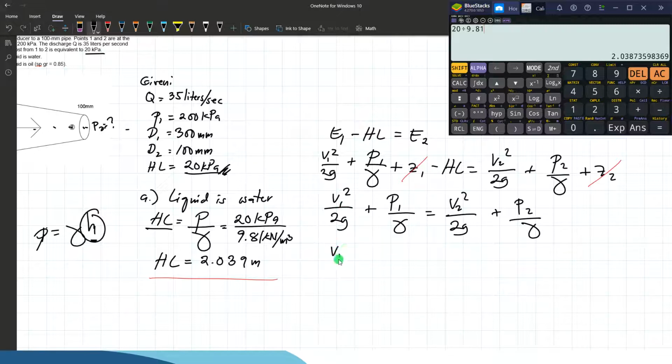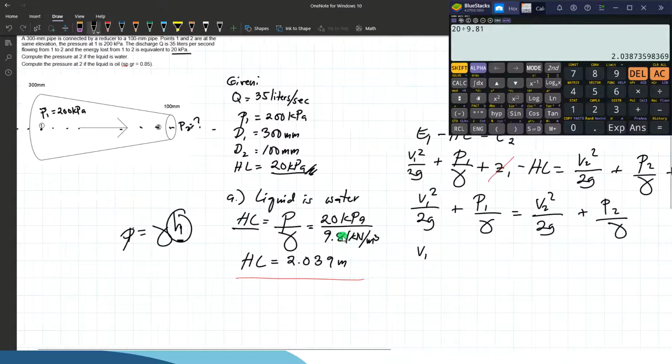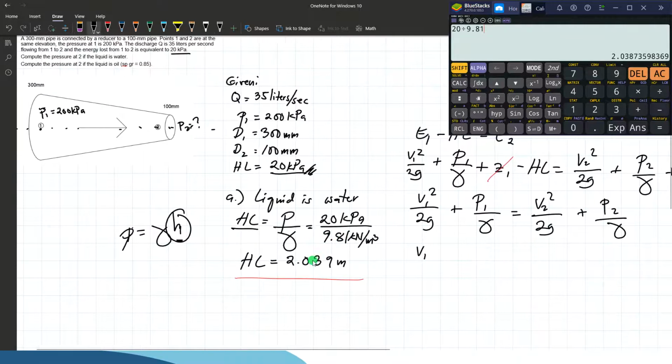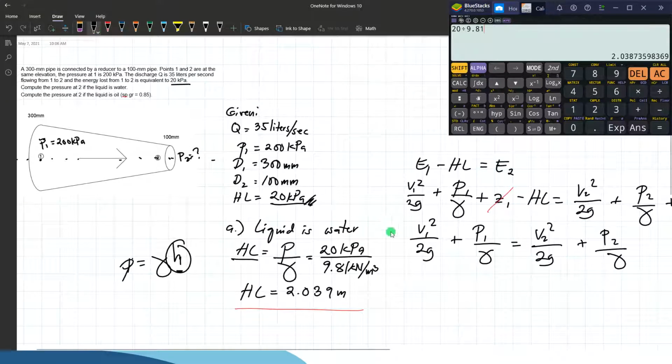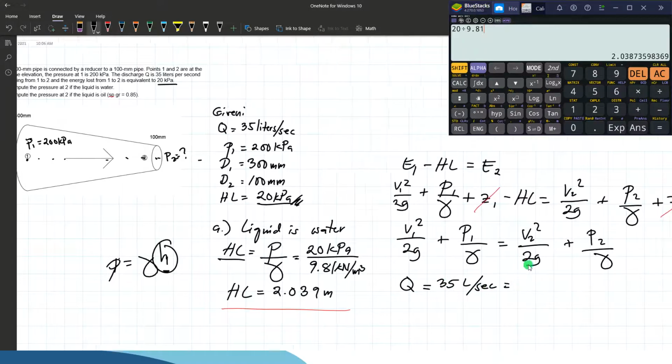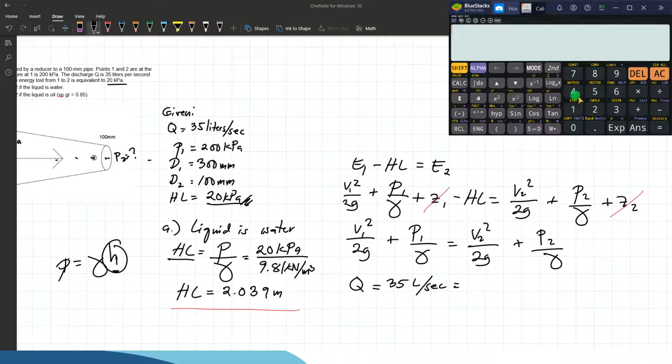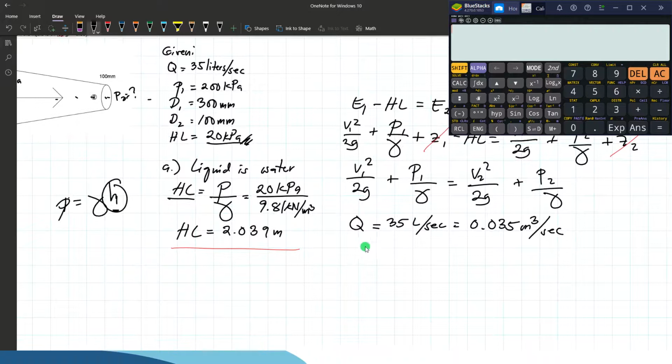For the velocity, we can determine the velocity at point 1 and point 2 by using the given discharge. The given discharge is 35 liters per second. So we will convert that first to cubic meters per second, just divide it by 1000. That's 0.035 cubic meters per second. Now, we have an equation of discharge equals area times velocity.